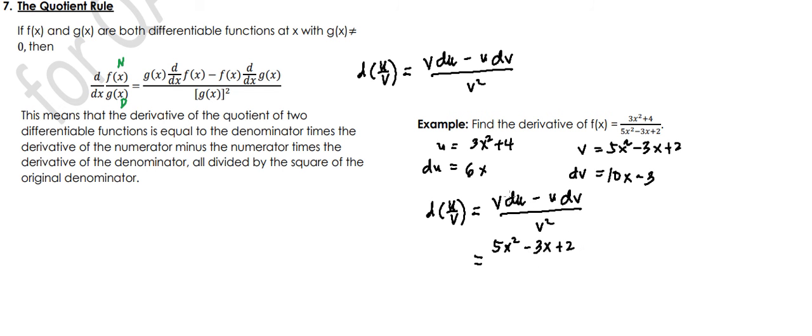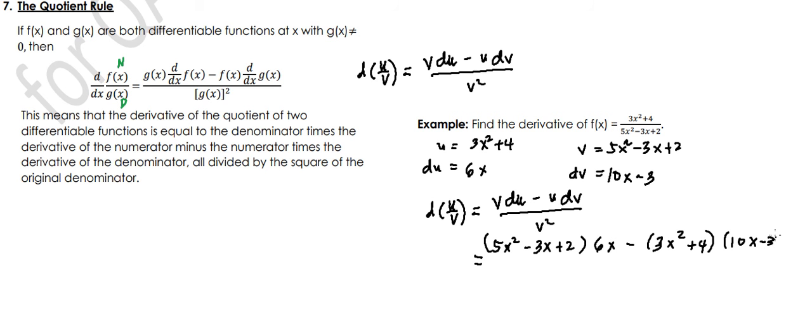Then, times natin sa du, which is a 6x. Since ang ating expression ay tatlong terms, kailangan natin ilagay sa quantity. So, we have 6x minus our u, which is 3x squared plus 4. Then our dv is 10x minus 3.